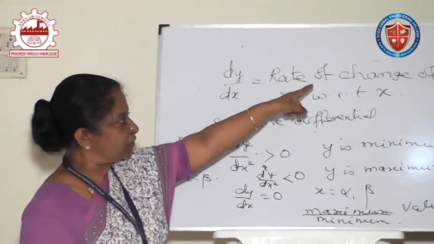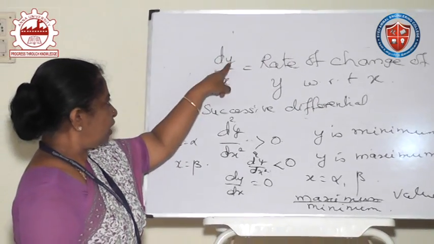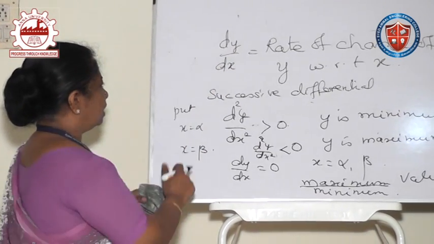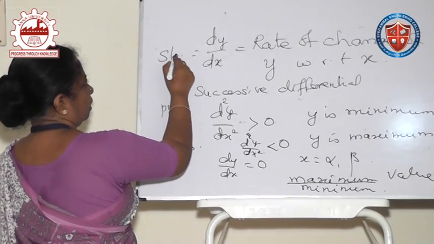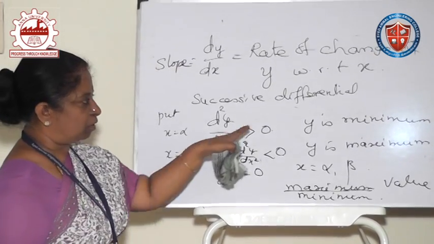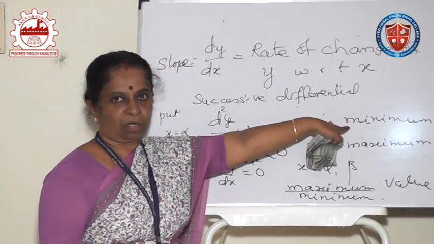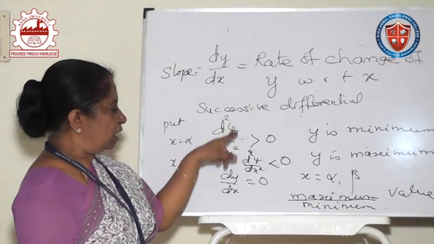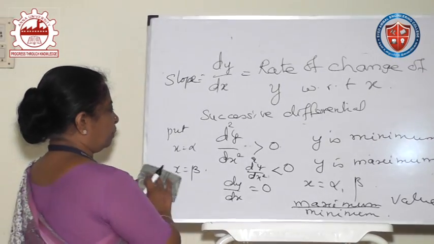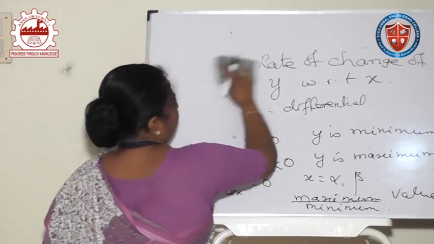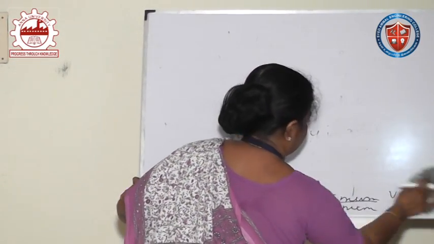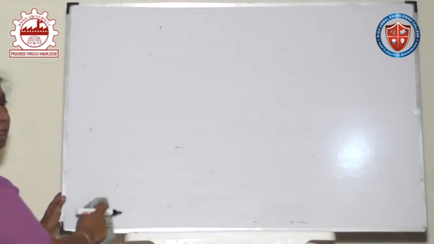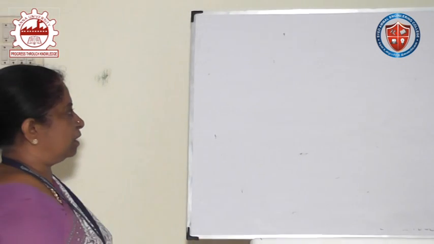So the rate of change of one quantity with respect to another quantity gives us the slope, which decides the maximum or the minimum part. Now this rate of change comes into our application of differential calculus in such a way that it gives us the curvature.